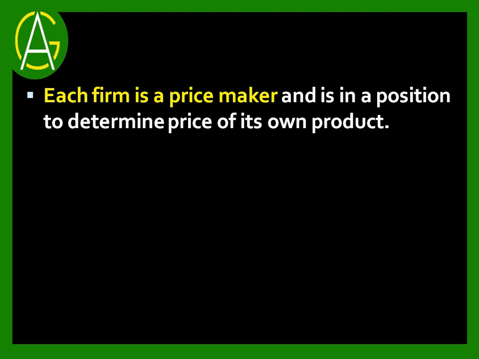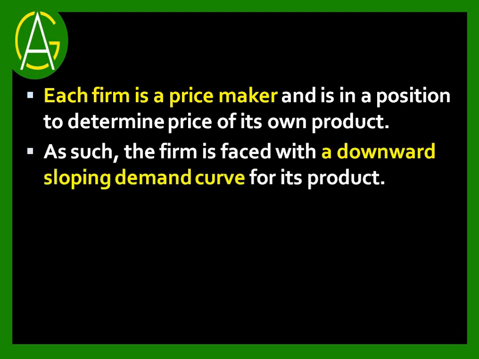If a firm is a price maker, it means that it decides the price of its product itself. As such, the firm is faced with a downward sloping demand curve for its product. It means that if the firm raises the price, the demand will reduce, and if the firm reduces the price, the demand will increase. So there will be an inverse relationship between price and demand, so the demand curve is downward sloping.